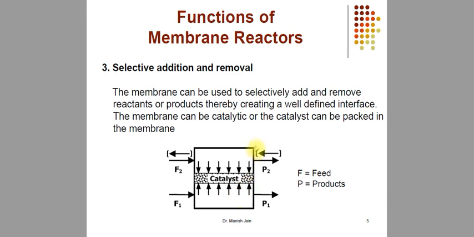So hydrogen will permeate out through the membrane, come to the other side, and can be removed, but HI and I2 will not permeate through the membrane. So this is the second type of application, where the membrane itself acts as a catalyst, or it will support the catalyst.